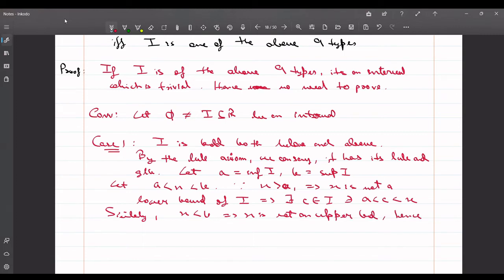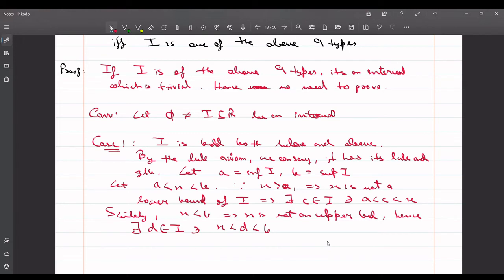Hence there exists some D in I such that X is less than D, so D lies between X and B. Now see, A is the infimum of I and B is the supremum of I. So this D belongs to I, and this C also belongs to I.